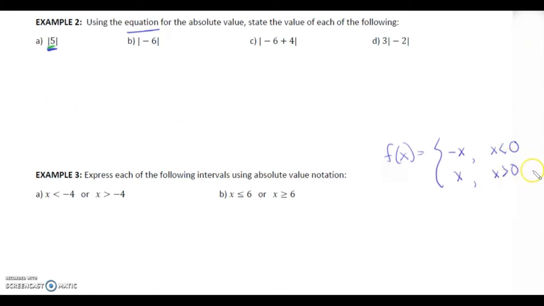So 5 is definitely greater than 0, so we're going to be focusing on this equation. If you think about it the long way, what's f at 5? Well, f at x equals x. So f at 5 is also going to equal 5, and then that's done.